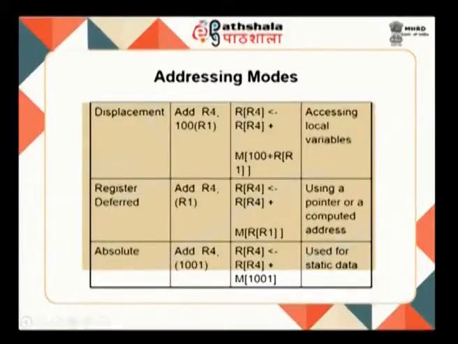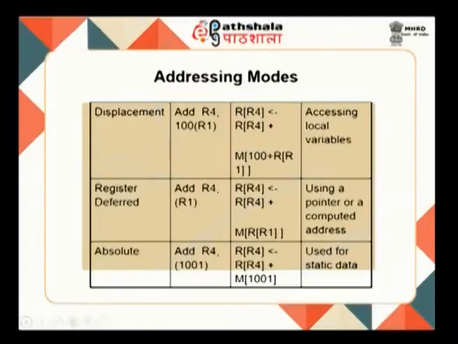You can also look at the register deferred addressing mode, where the address of the memory location is specified in a register, and that is indicated by a register given within brackets. Say for example, when I say add R4 comma (R1), R1 does not contain the data here, R1 contains the address of the data. This is normally used when using a pointer or a computed address.